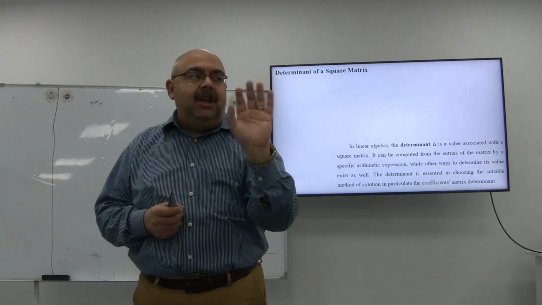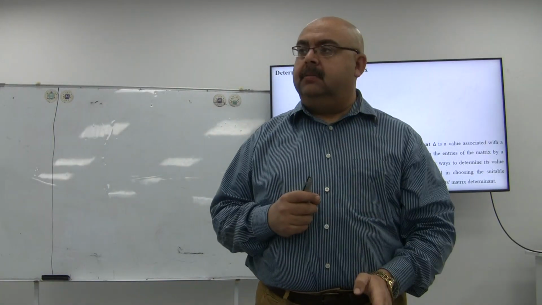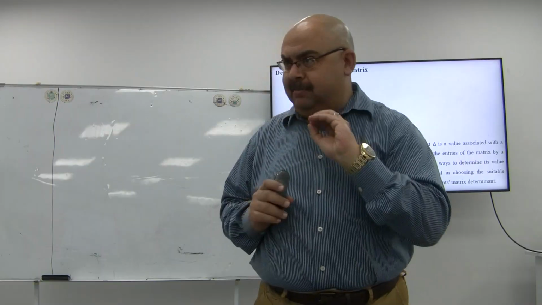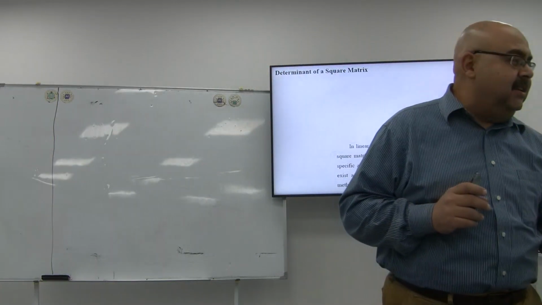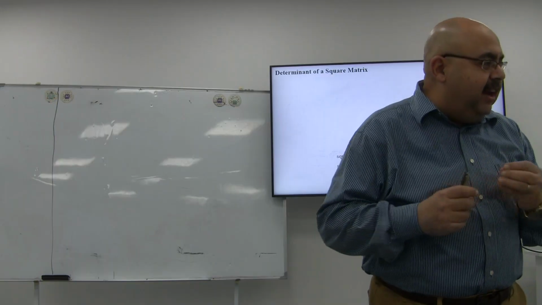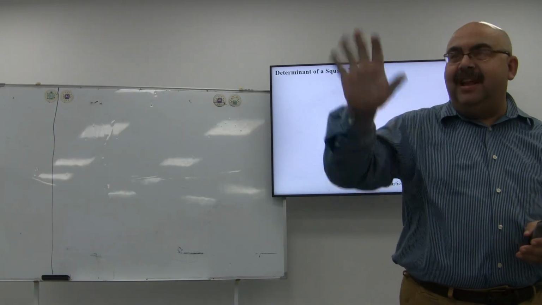Each entry of the array has its fixed row and column position. That's a matrix. The determinant is a real number associated with a matrix. So it's something related to the matrix, but it is a real number.